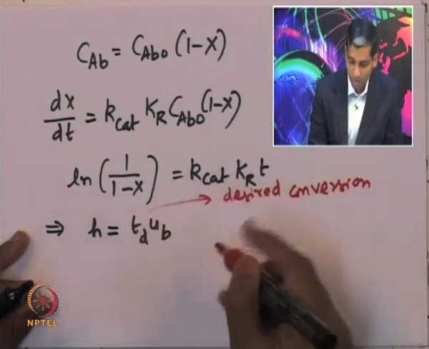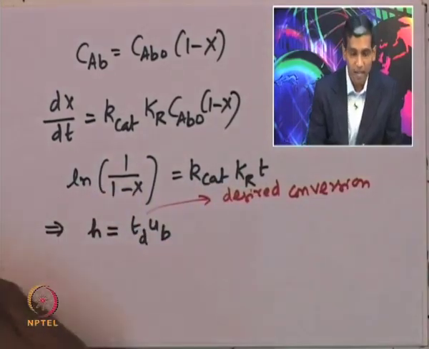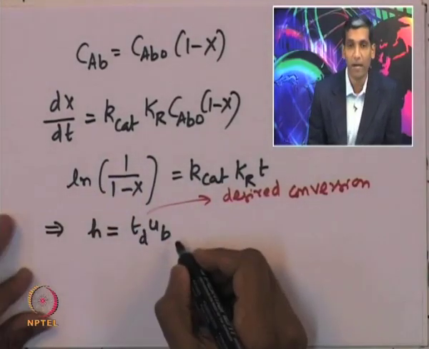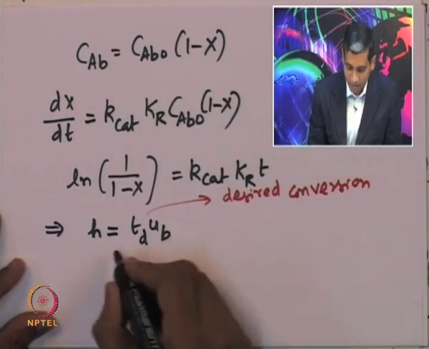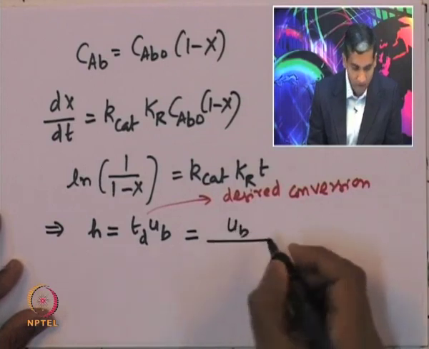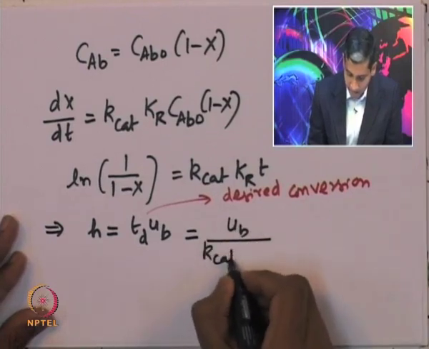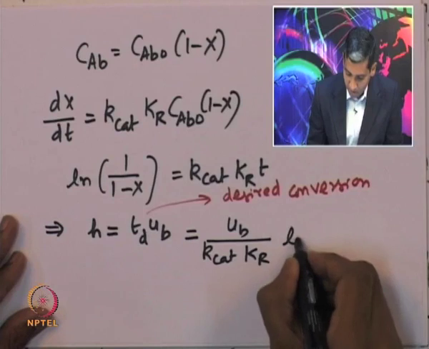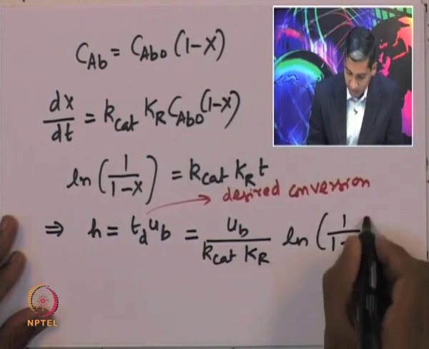Then the height of the bed can be estimated by using this expression t_d into U_B, and that is equal to U_B divided by K_cat into Kr into ln of 1 by 1 minus x.